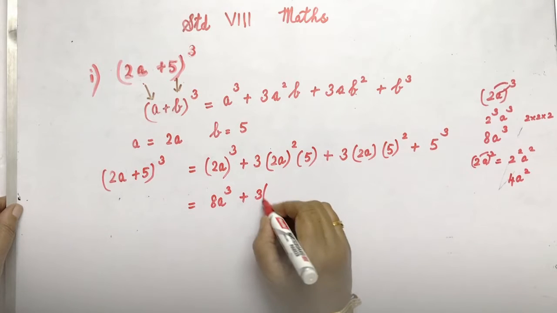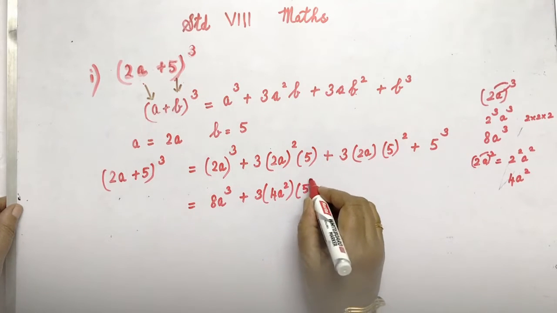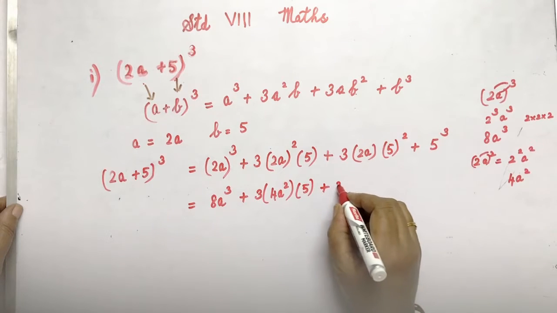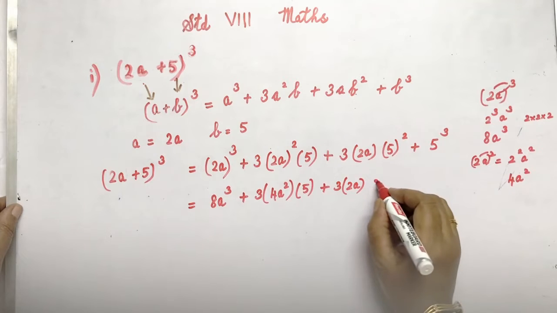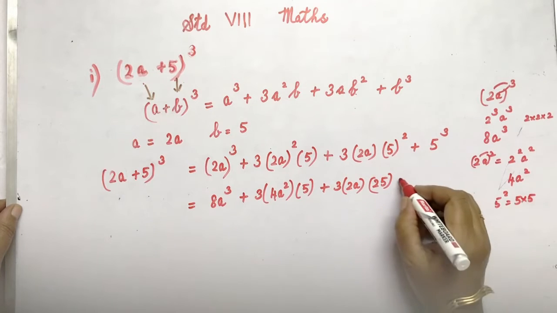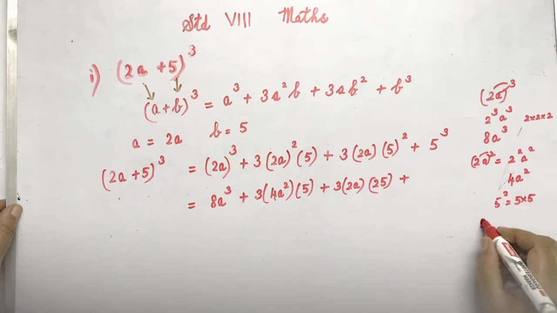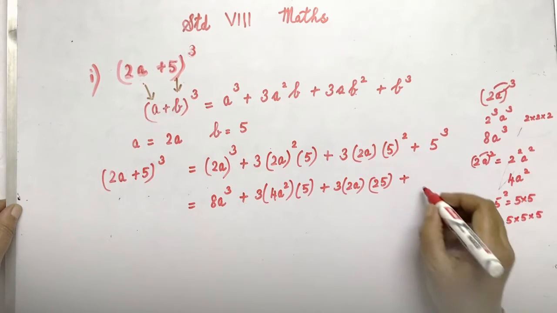So 3 into 4a squared into 5 plus 3 into 2a into, now 5 squared is 25. So 5 squared is 5 into 5. Now 5 cube is 5 into 5 into 5, that is 125.